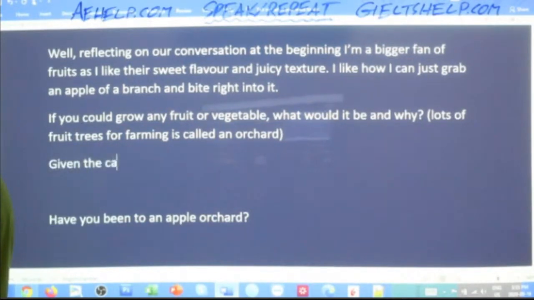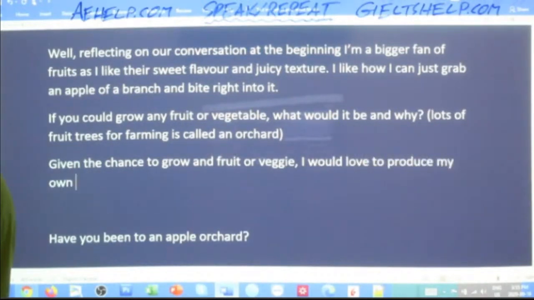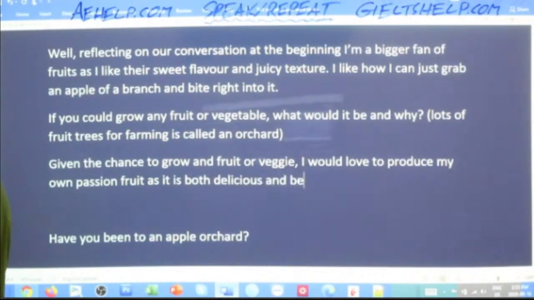Given the chance to grow any fruit or veggie, I would love to produce my own passion fruit, as it is both delicious and beautiful.